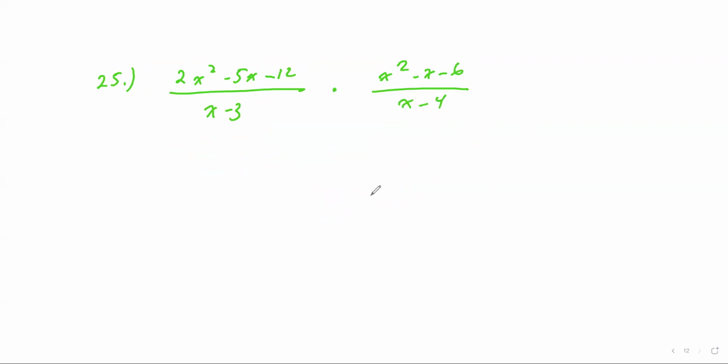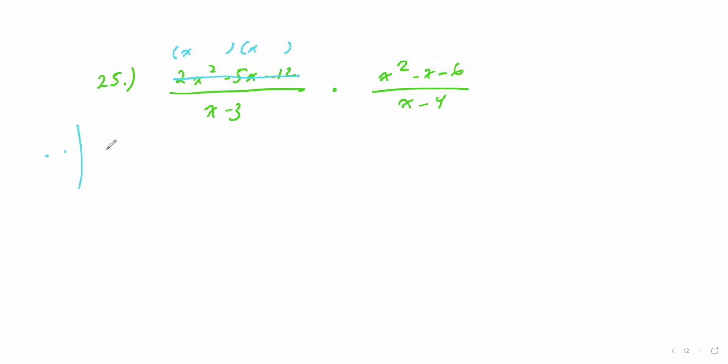So you find addition and subtraction to be the hardest. Multiplication, division is just tedious. So we have 25. So 2x squared minus 5x minus 12 over x minus 3 times x squared minus x minus 6 over x minus 4. So I'll go straight in. So there's the multiplication, so I don't got to worry about keep, change, flip. It's not division. So I'm going to factor. Now this guy right here factors into two binomials. Leading term is an x.